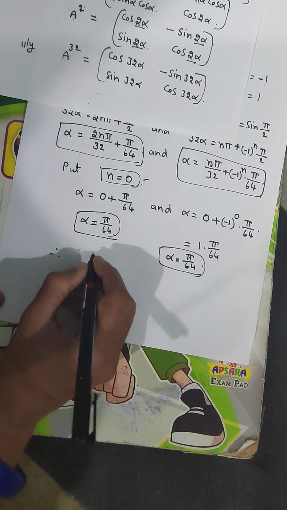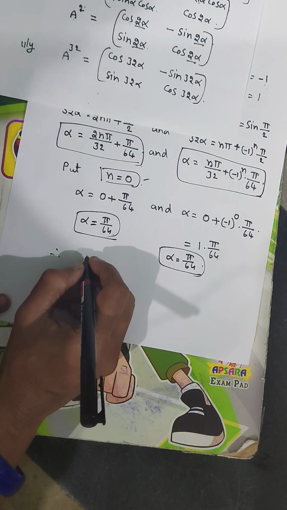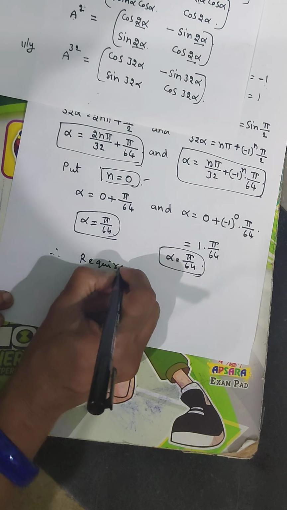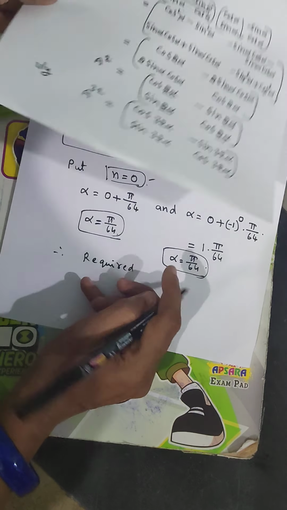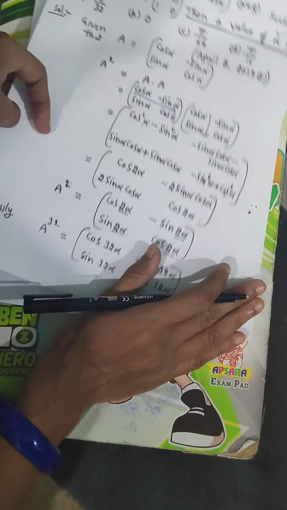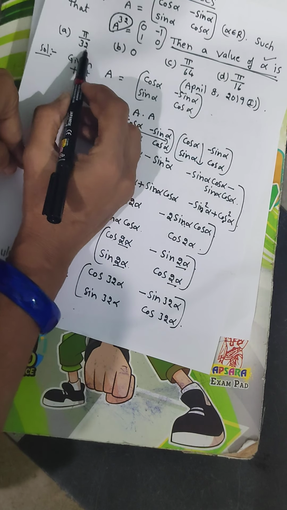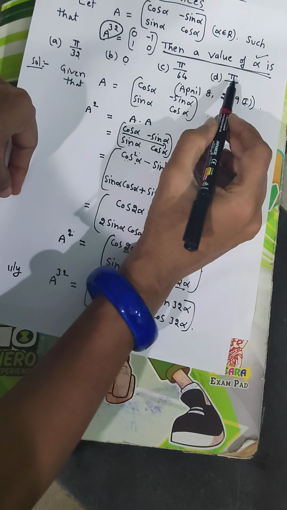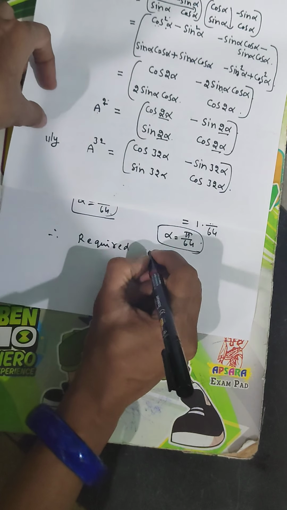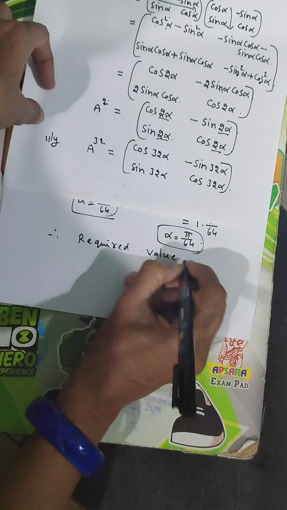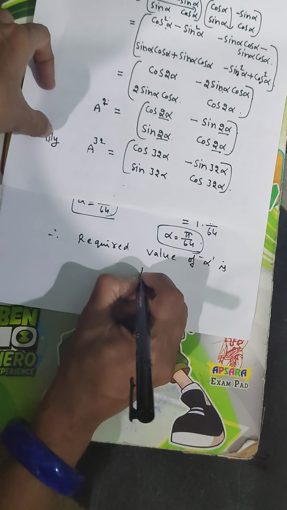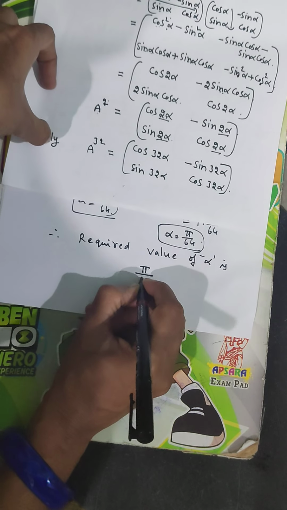Therefore, the options for alpha are pi by 32, 0, pi by 64, pi by 16. The required value of alpha is pi by 64.